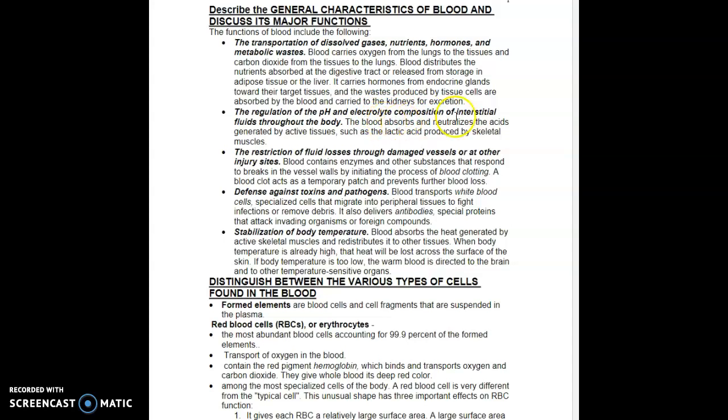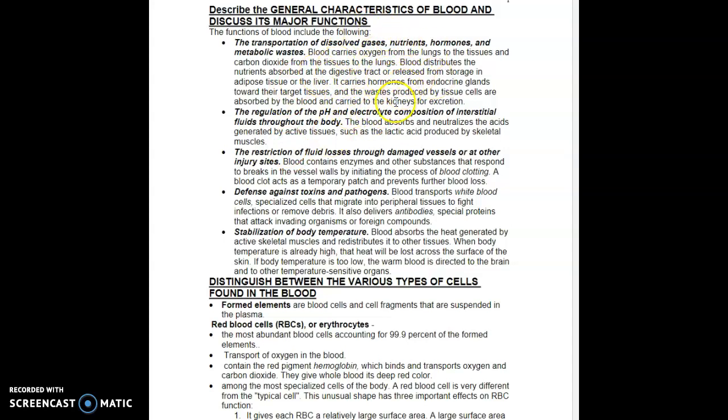And of course, the blood determines what's in the interstitial fluid, because we know that the capillaries are where the contents of the blood leak out to the cellular areas and the interstitial fluids around the cells. So regulating our pH and electrolytes is just as important as our dissolved gases and stuff.